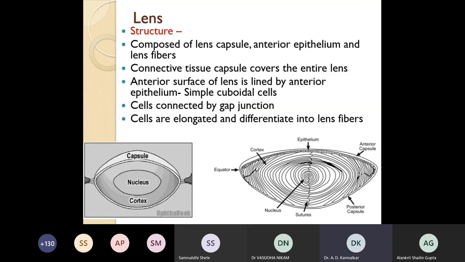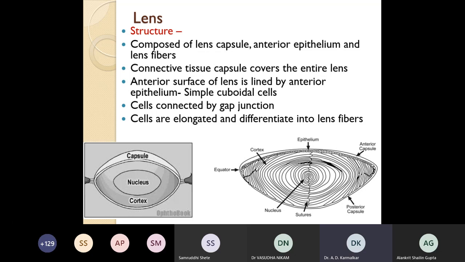Coming to the structure, the lens is covered by the capsule. The whole lens is covered by the capsule, and there is also the anterior epithelium and the lens fibers. This connective tissue capsule covers the entire lens, and the anterior surface of the lens is lined by epithelium, that is, simple cuboidal epithelium.